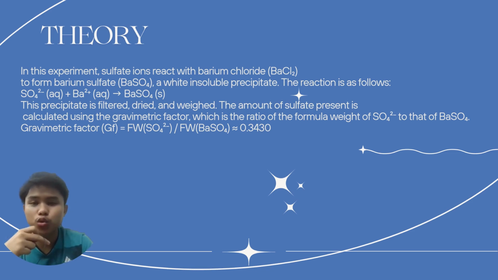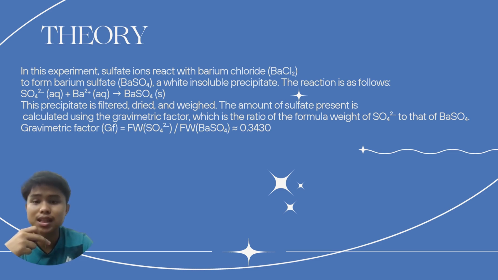Okay, now we move to the theory. So in this experiment, sulfate ions react with the barium chloride to form barium sulfate, a white insoluble precipitate. The reaction is as follows: SO4 2- (aq) plus Ba2+ (aq) gives BaSO4 (s).